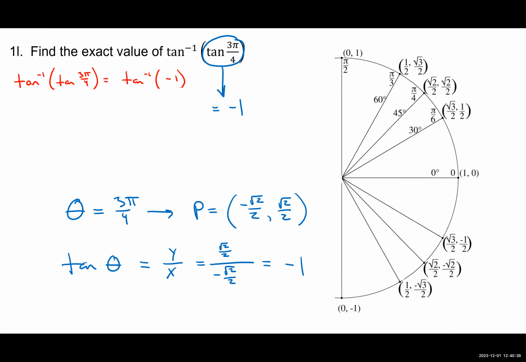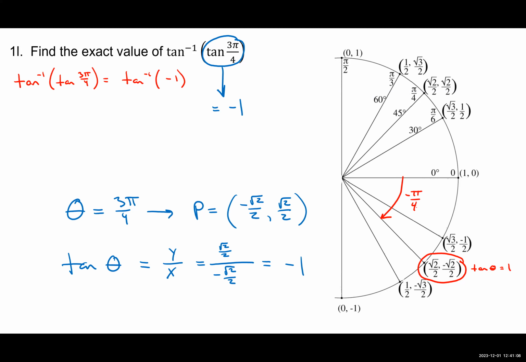Now, what is the tangent inverse of negative 1? Well, we need to find a terminal point that gives us a negative 1 when we do y divided by x, and that's going to be this guy down here. The tangent of theta is negative 1 when our angle is negative pi over 4.